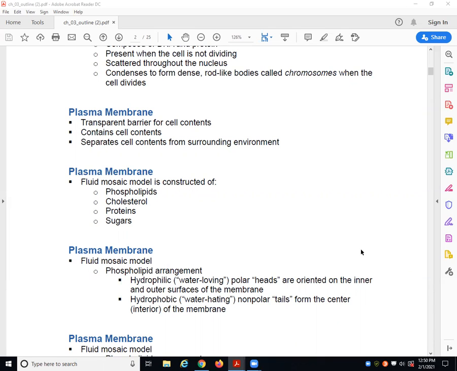The membrane can move. Then you have the mosaic part, meaning that the composition is variable. It's not rigid. Different parts can have different components of those that are listed there.